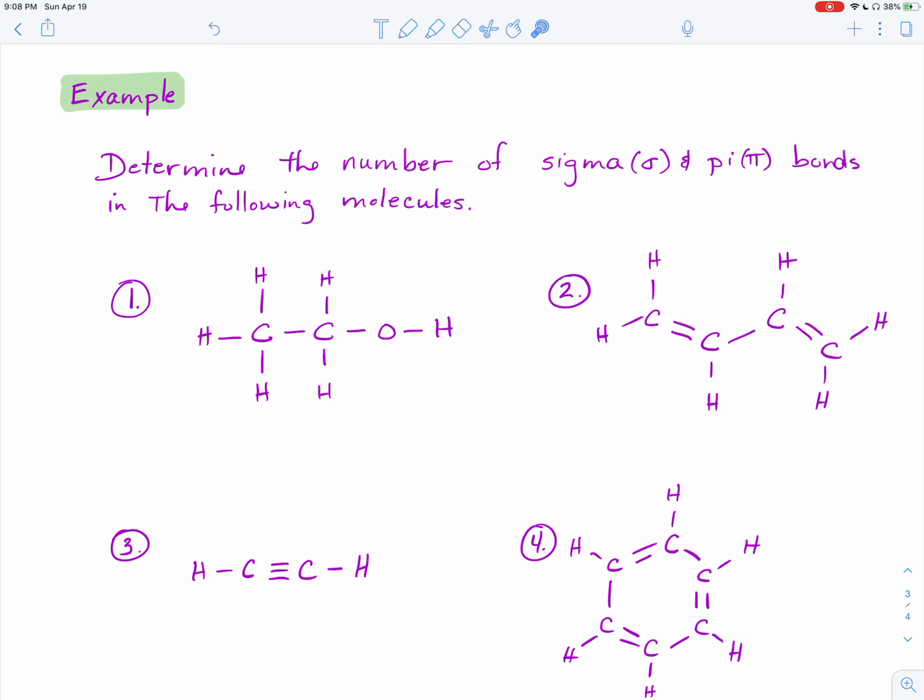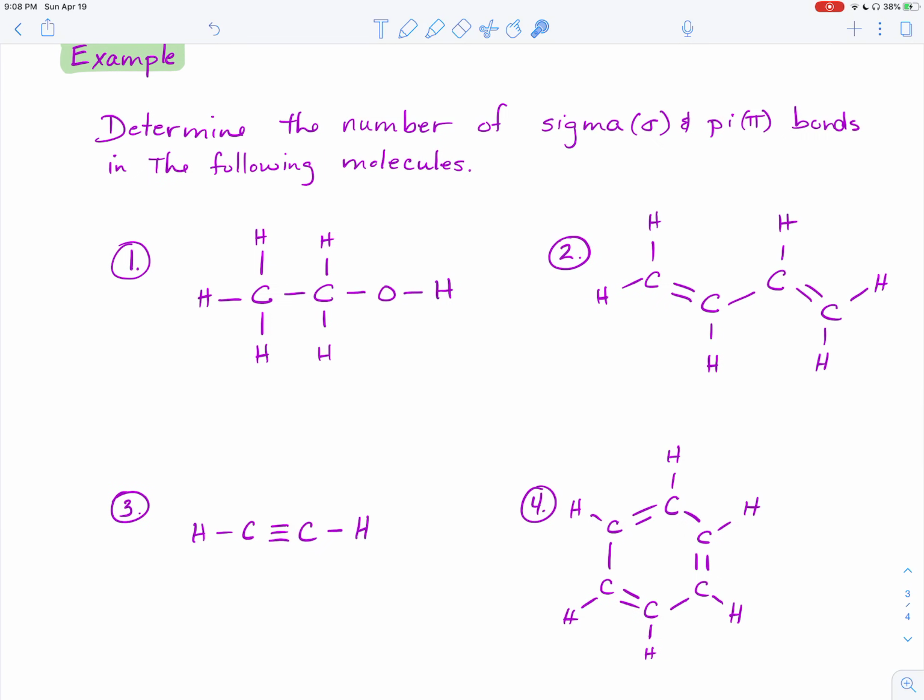So what is it that's important? Why do we want to call them sigma versus pi? Well, it turns out that the first time an atomic orbital overlaps between two atoms, that is always going to create what we call a sigma bond. Any other orbital overlap that is done between two atoms then creates what we call the pi bond.